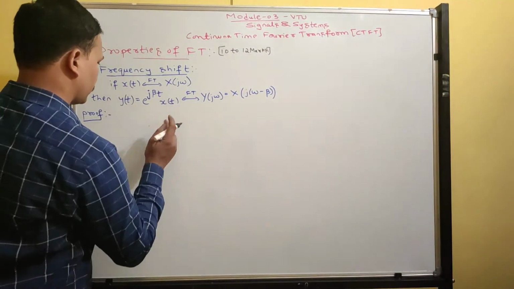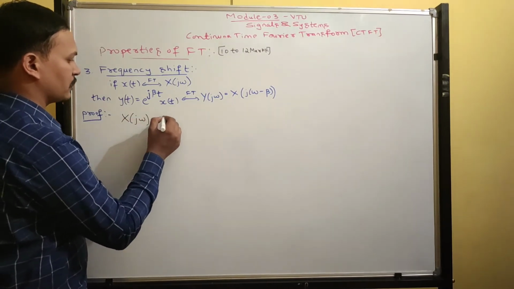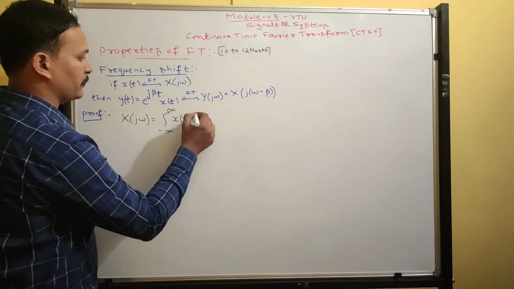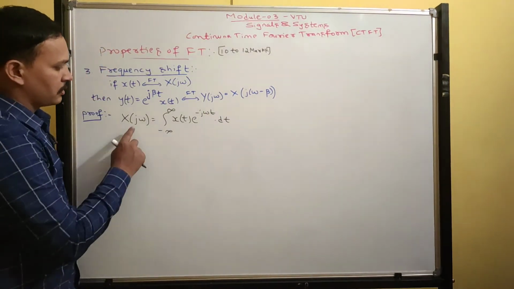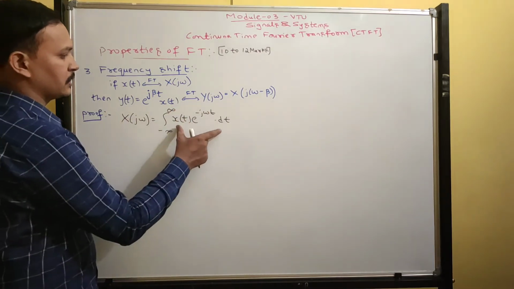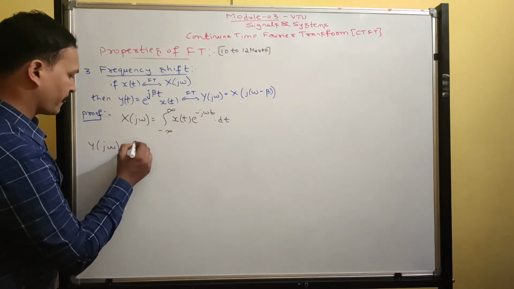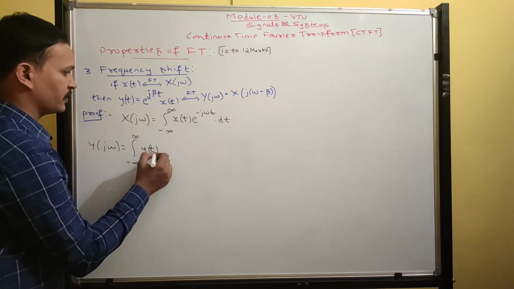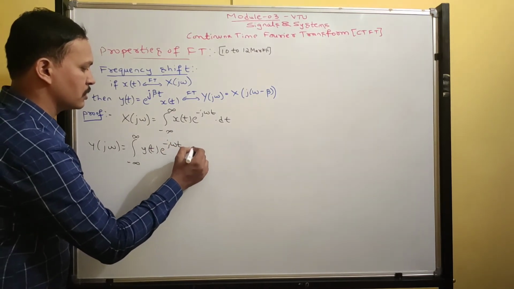Straight away, let us remember the formula once again. What is X of j omega? Integral from minus infinity to infinity of x of t into e to the power of minus j omega t dt. Similarly, Y of j omega is the integral from minus infinity to infinity of y of t into e to the power of minus j omega t dt.